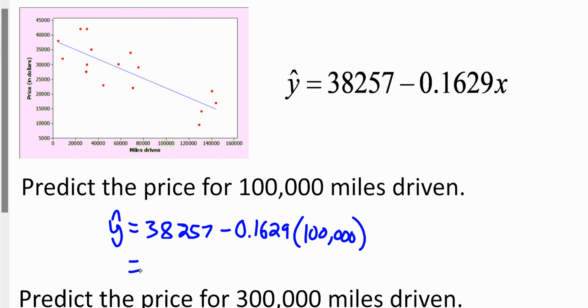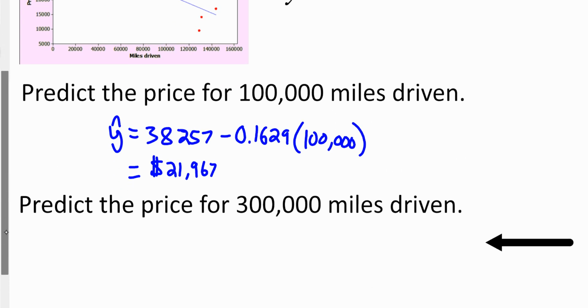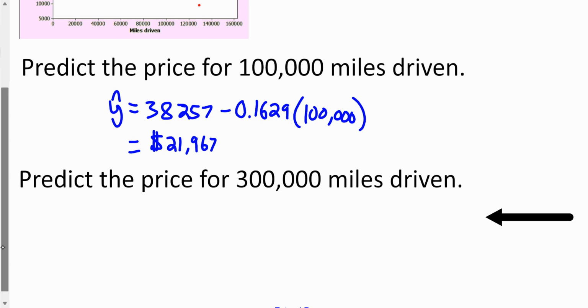Well, you get a value that seems realistic to me. It is $20,967. That is our predicted price for a truck that has 100,000 miles.